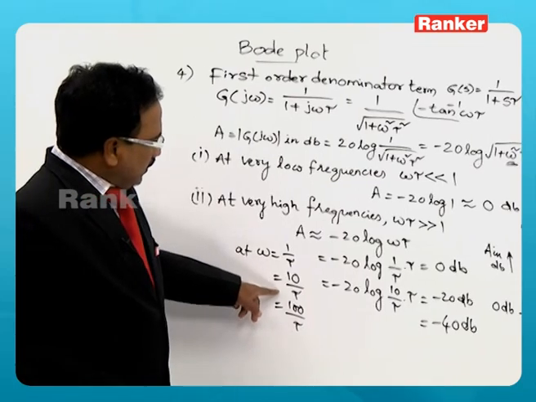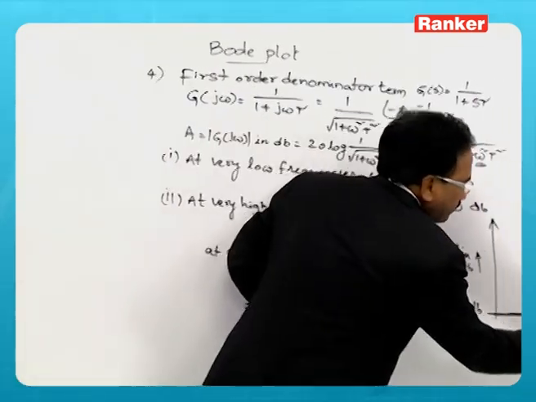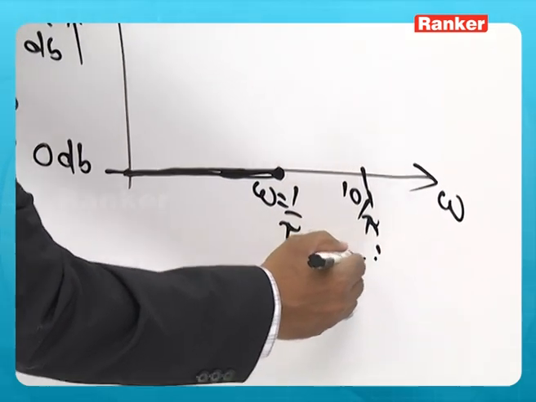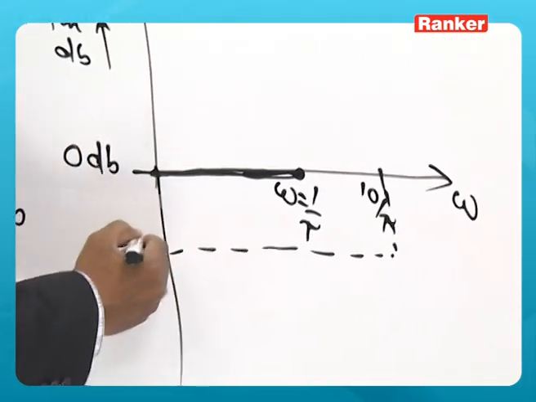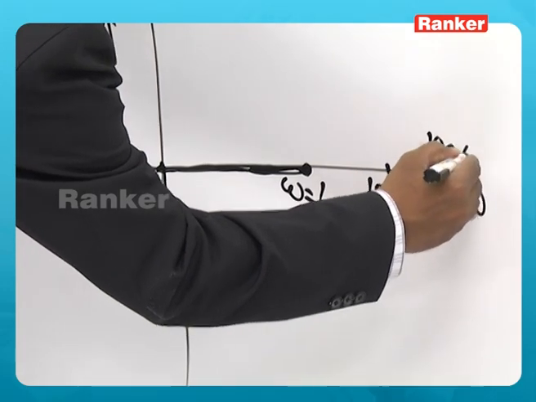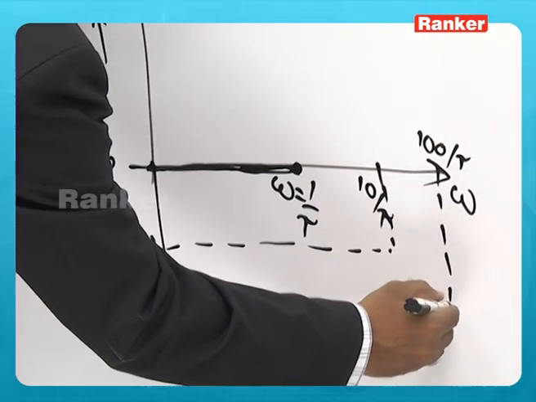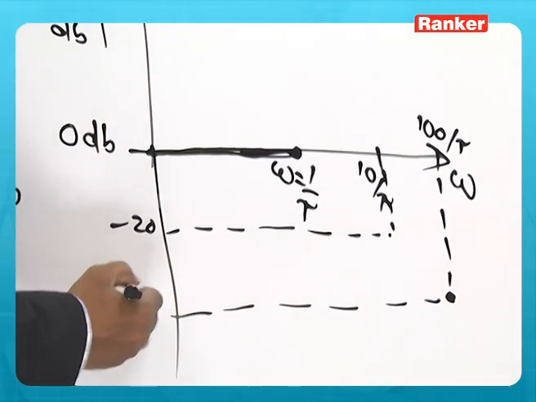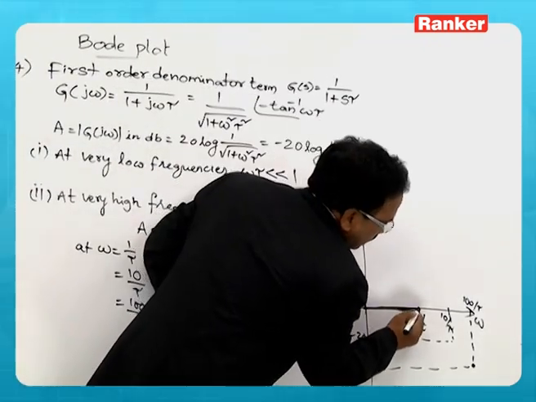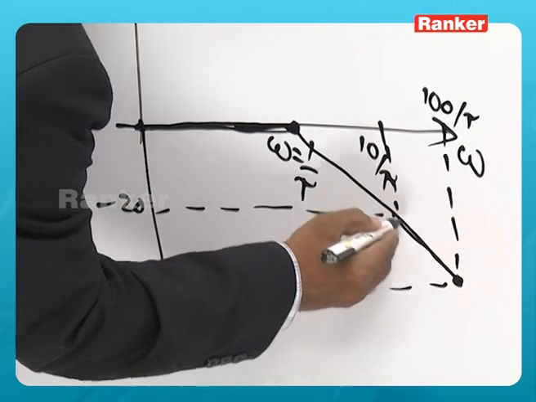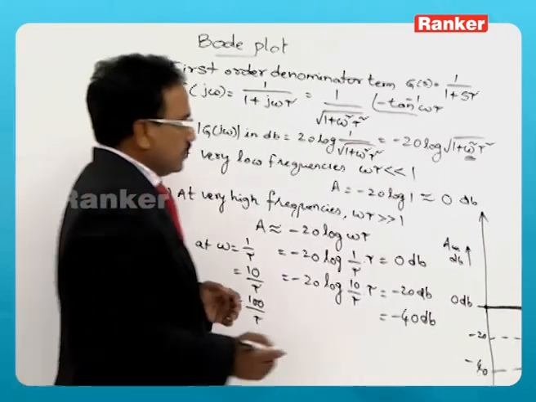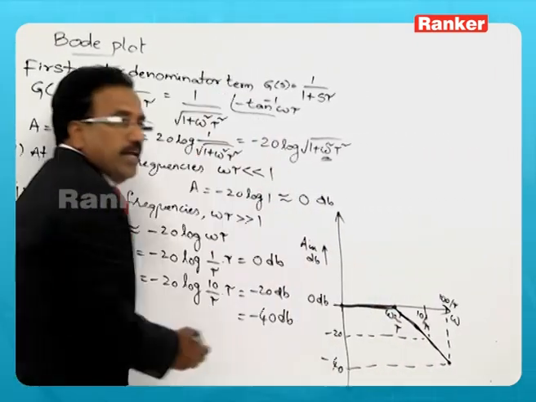Now, as omega further increases from 10 to 100, when omega is 10 by tau, the value is minus 20 dB, and when it is 100 by tau, the value is minus 40 dB. So, that means at high frequencies there is a line having some slope for this term, and at low frequencies it is a 0 dB line.